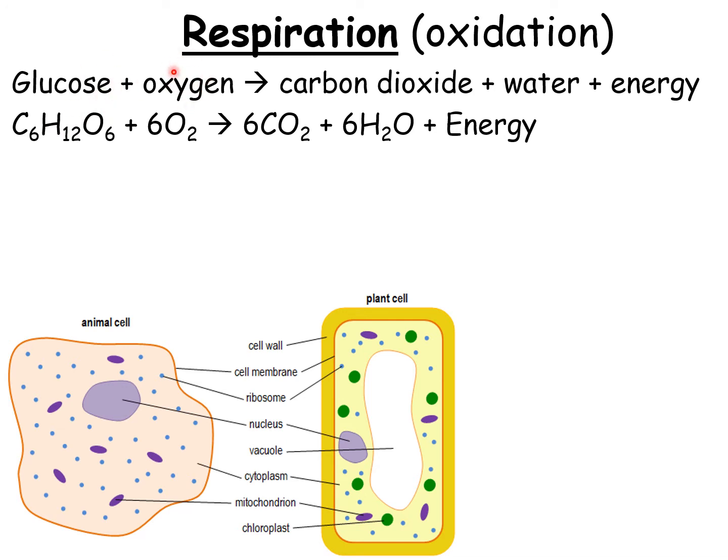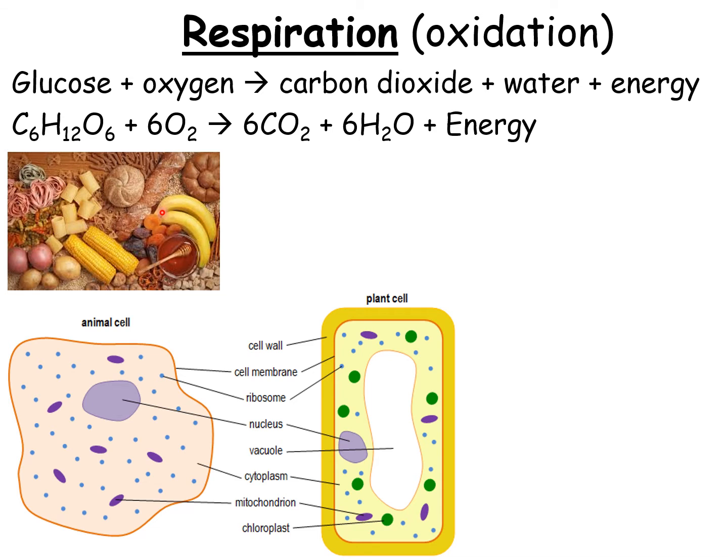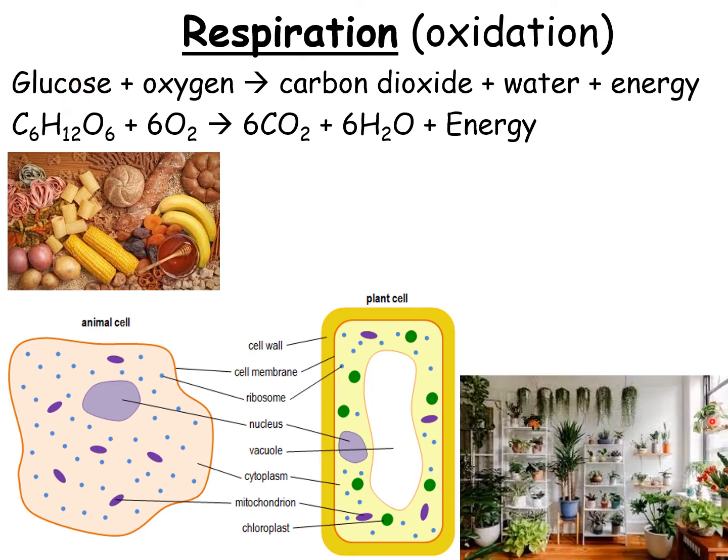and oxygen. In humans, we get the fuel from the foods that we eat, which contain some type of carbohydrate, which can be broken down to its simplest form, which is glucose. Whilst plants can make the glucose themselves through photosynthesis, which uses light to make it.